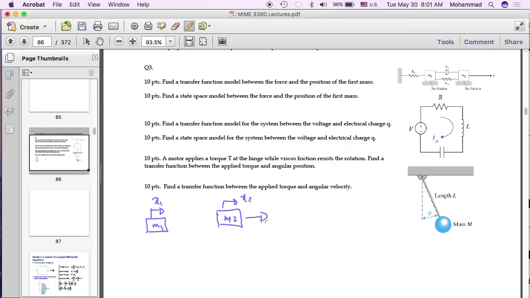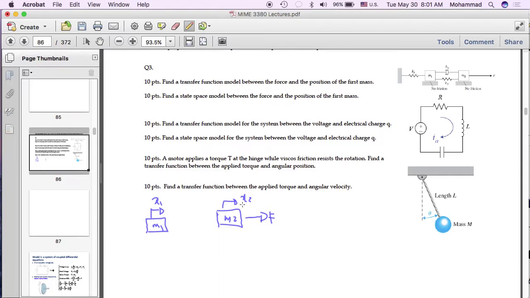It receives an external force F, so there is a force that would slow down this mass, but also the direction of the force coming from the spring in the middle and the dashpot in the middle depends on the relative value of position and velocity.